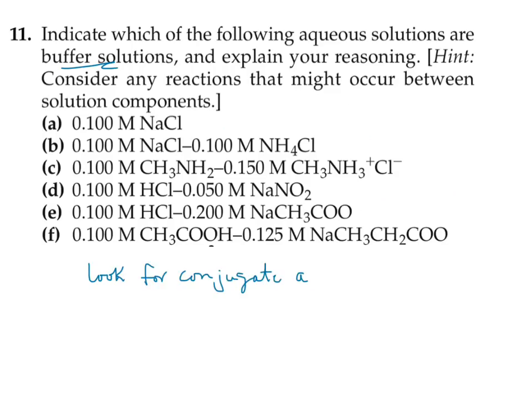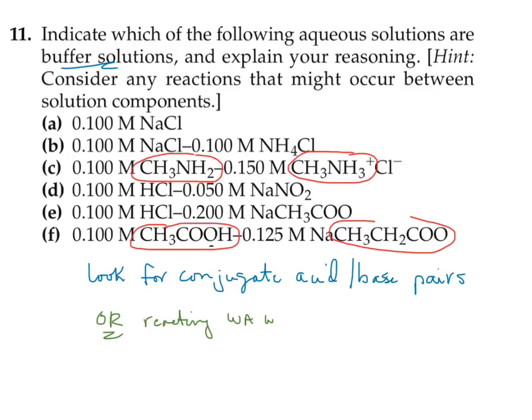For this one, you're given a series of solutions, and basically they ask, would these make good buffered solutions? So in blue there, I said, if it's a buffered solution, look for the conjugate acid-base pair. In red, I circled clearly conjugate acid-base pairs. They look like they differ by a proton, and that's great.